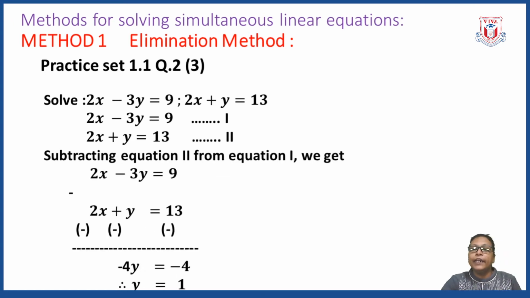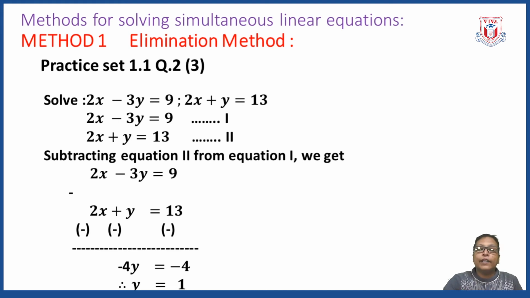So subtracting equation 2 from equation 1, we get: equation 1 is going to appear on the top and equation 2 is going to appear just below that, and in between you can see the minus sign, which shows that we are doing subtraction here.